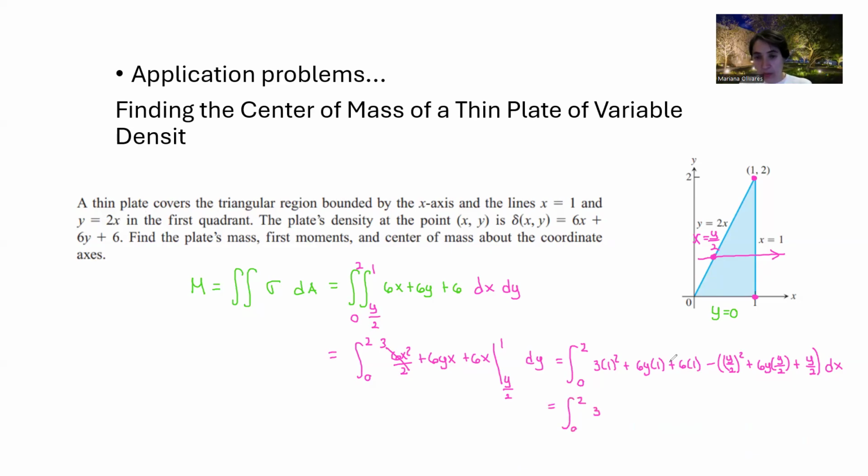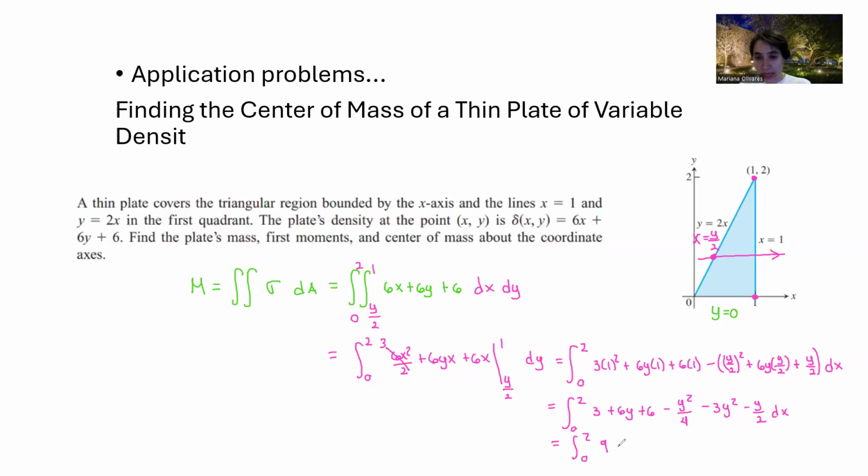This is a 3. From here, we're getting 6y plus 6. From here, we're getting minus y squared divided by 4. From here, we're getting minus 3y squared. And from here, we're getting minus y halves. So this has to be simplified. So this is giving me a 9. 3 plus 6 is giving me a 9. And from here, 6 in halves is 12 halves.